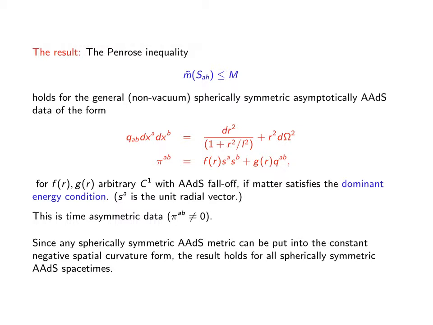I'm not going to prove the inequality in this talk, but I'll give you the idea of how to prove it. One thing to notice, again, I will highlight that this proof of the Penrose inequality in asymptotically AdS is only for the spherically symmetric case.